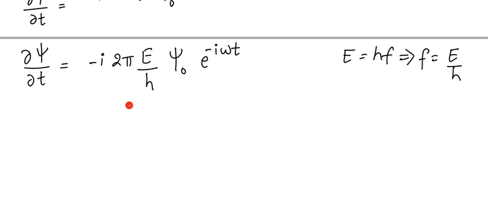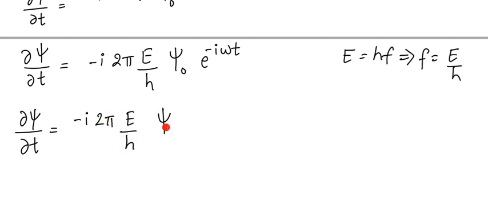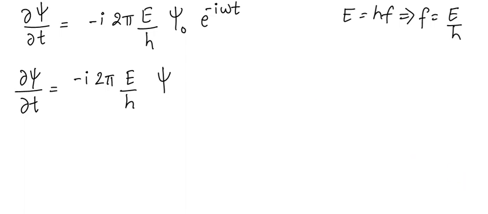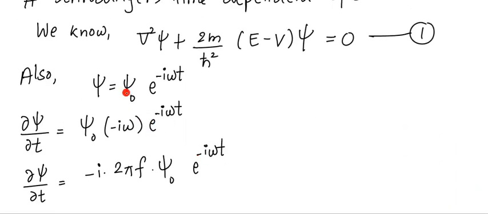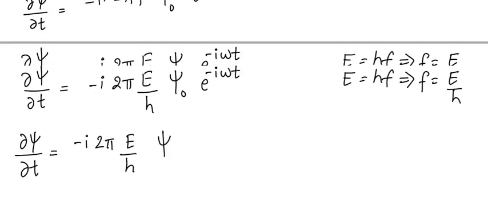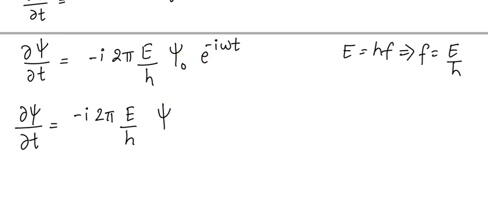Then you can write this as psi, because psi naught e to the power minus i omega t means psi. Simply, del psi by del t is equal to minus i 2 pi E divided by h, and this is simply psi. Because psi naught e to the power minus i omega t is equal to psi, that is why we replace that value over here.